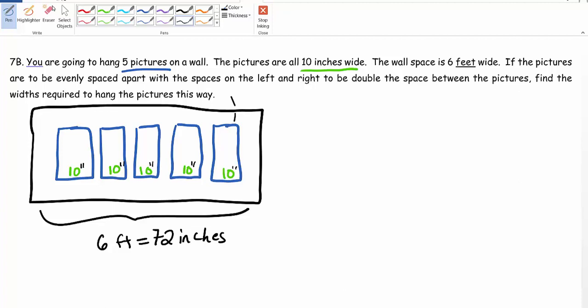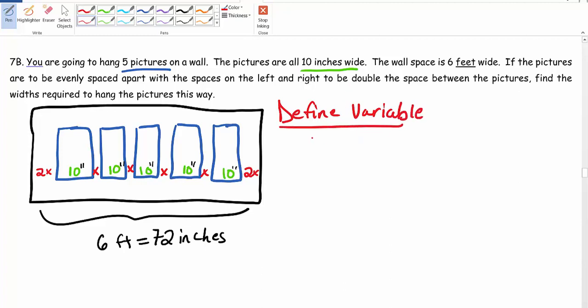Now, we're trying to determine the distance in between these pictures, which we don't yet know. It also mentions that on the sides, it's twice as big as those in the middle. So that's why on the sides, we end up with 2x. Now, we're going to go ahead and define the variable. We'll say x, you could use w for width, but up to you.